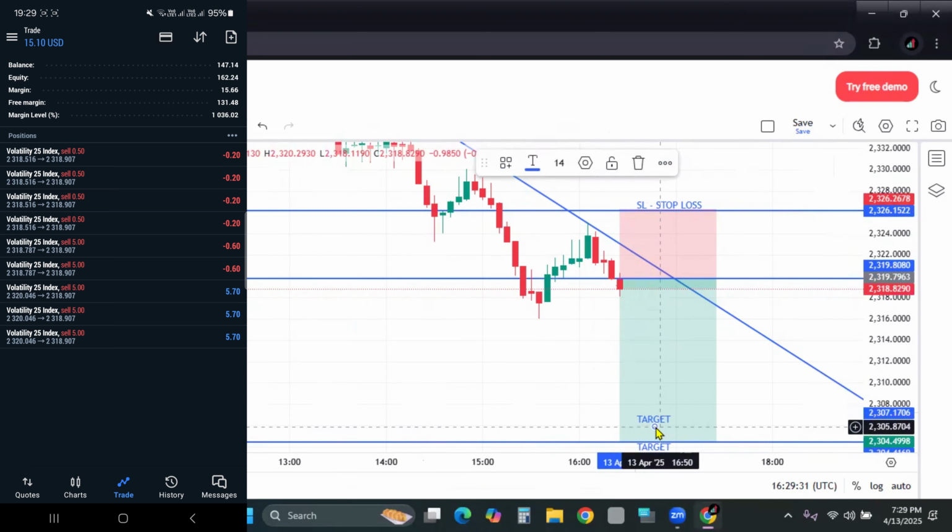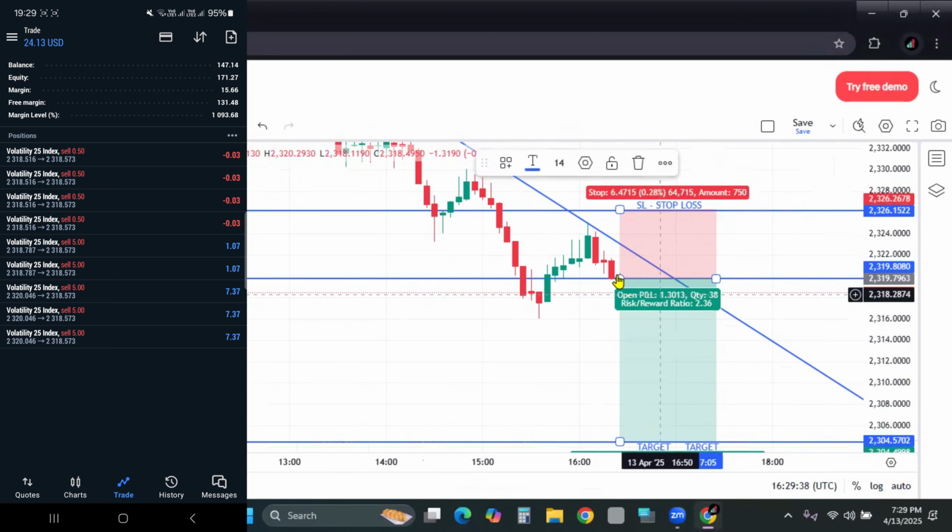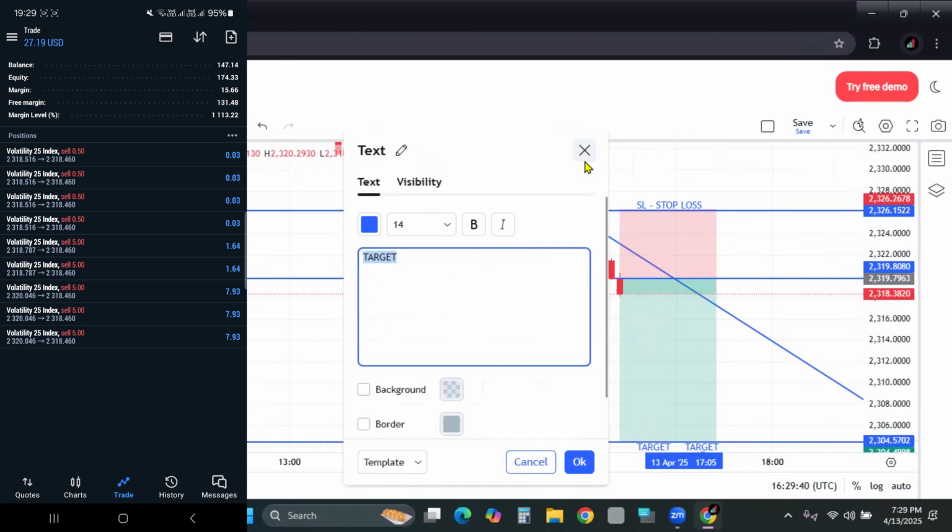Then the target is called TP. Take profit, okay? That's our take profit level.